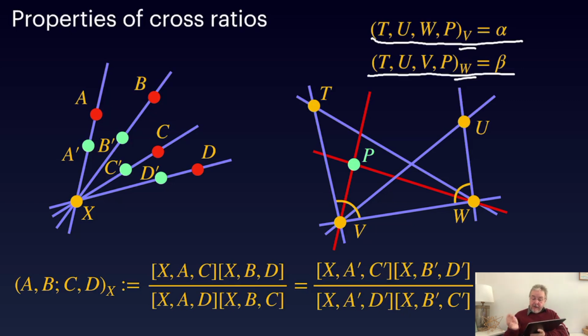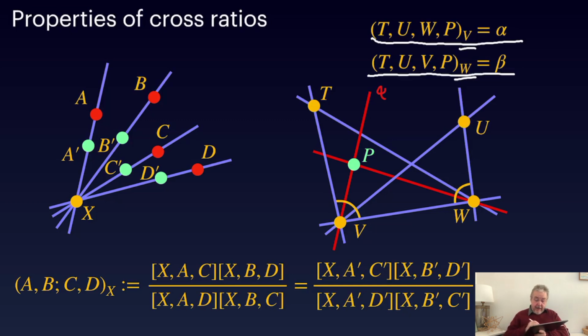Then the first cross ratio tells us that whenever we already chose positions of the 4 yellow points, the green point P has to lie on a specific line, this one here, whose position is determined by the value alpha.